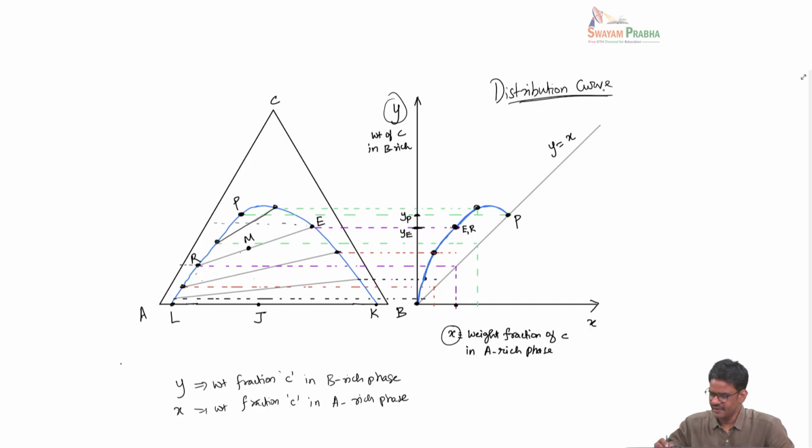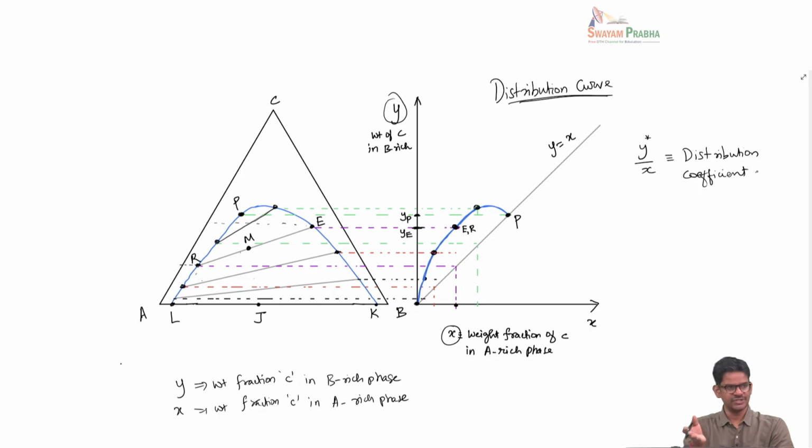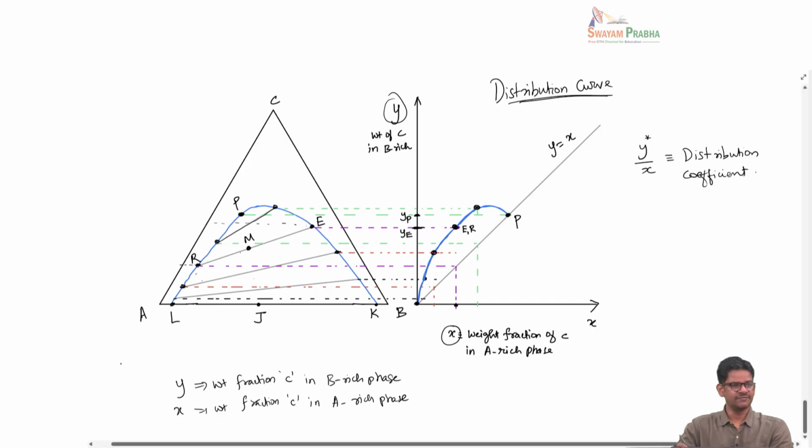And we also define y star by x as the distribution coefficient. So clearly you see this distribution coefficient is not constant, it depends on the x, y value at which you are looking. So you can actually define the distribution coefficient across the composition range. So probably the distribution coefficient will have a highest value here and it will have a lower value here and so on.